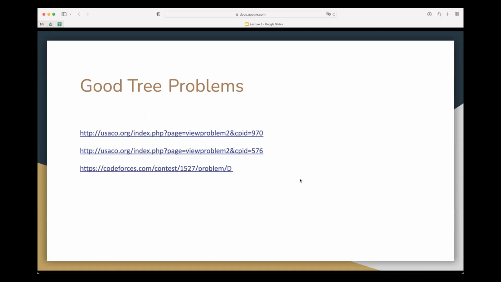The official solution actually doesn't use LCA because LCA is technically not within the gold topics. But if you use LCA, it makes life so much easier. And otherwise, that's it.